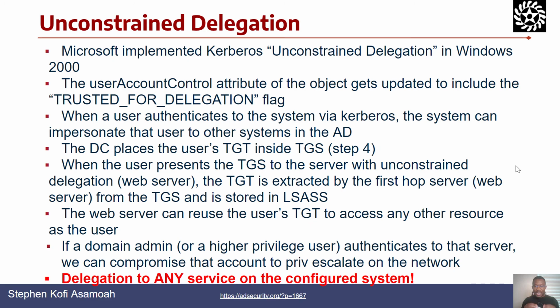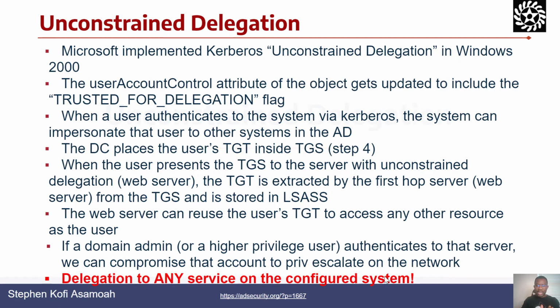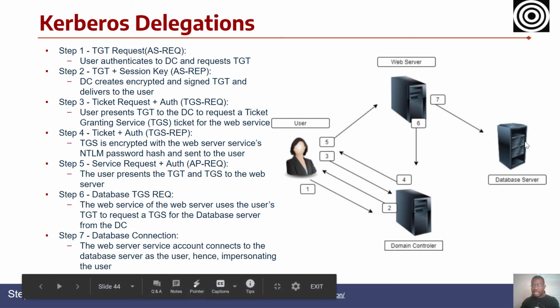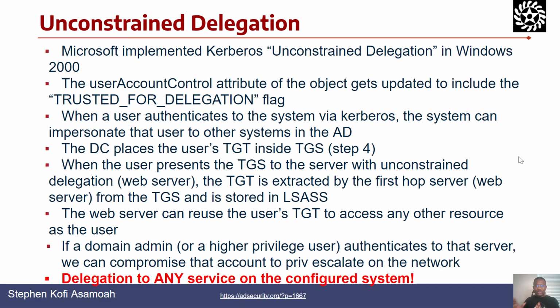What makes that so bad is that if the user has privileges on other systems, they can authenticate to those other systems using any service protocol. So that is why I have that here in red. Okay, so for instance, if the user doesn't have just access to the database, but also has privileges on other servers, which we'll demonstrate, then that user can access those servers or systems through any known protocol that works on that system.